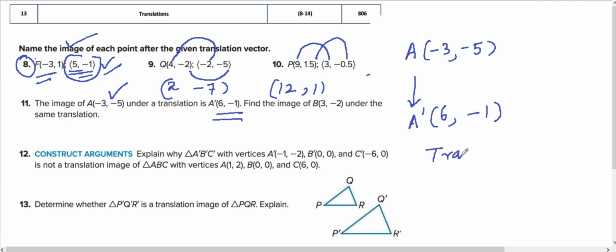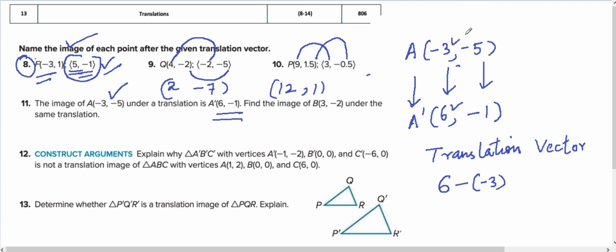The translation vector is the operation you applied to get from here to here. So simple, you have to subtract them: image minus original. So the translation vector is 6 minus -3, and similarly -1 minus -5.